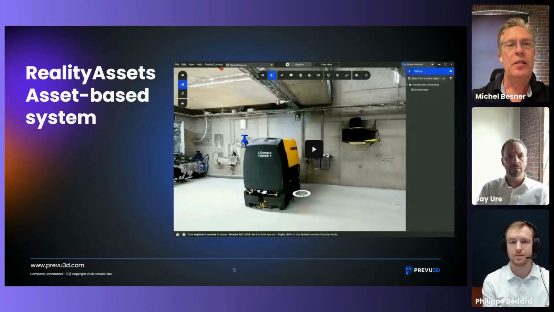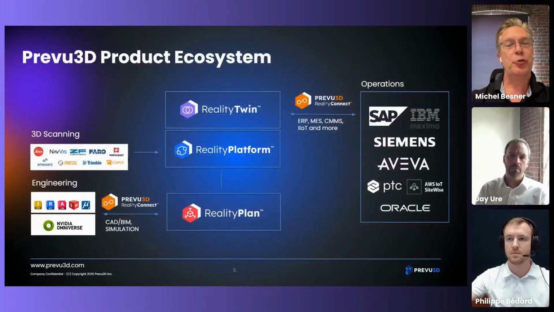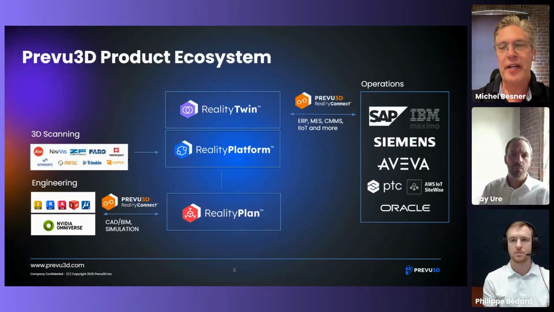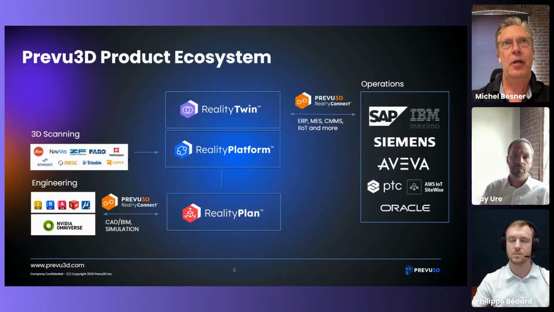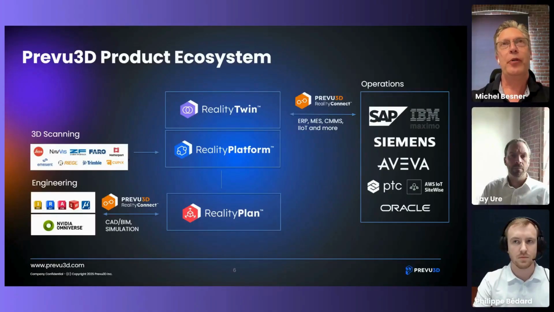So these are key pieces, and now let's explore the bigger story about what we've been developing for the past couple of years. If you've been tracking a lot of the work we've been doing, we've completely revamped our web application now called RealityPlatform, where really think of it as like a Windows or a Dropbox of reality capture.